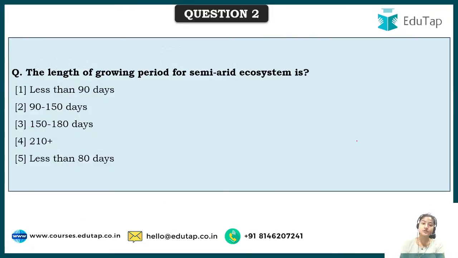Question number 2 says: the length of growing period for semi-arid ecosystem is? Before answering, let me tell you how this classification came about.